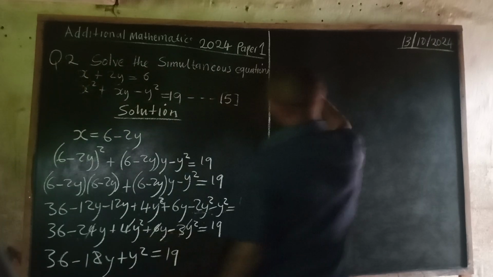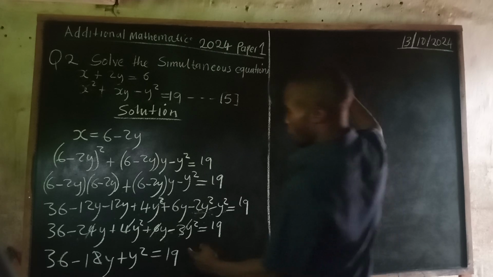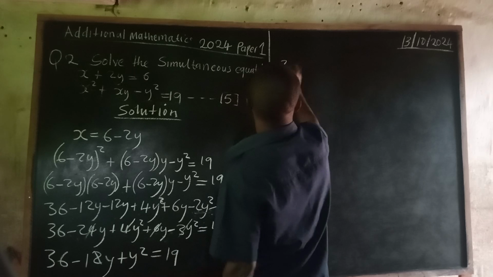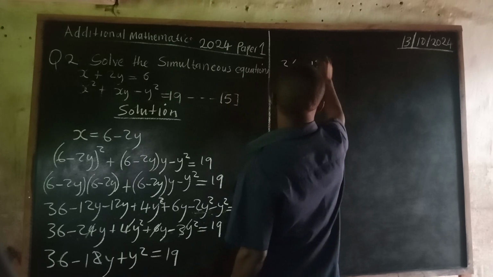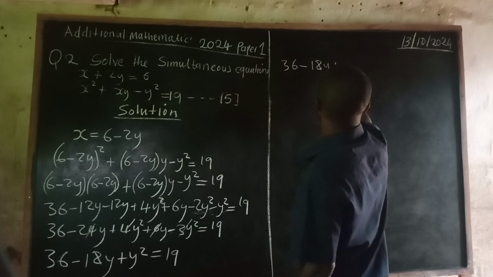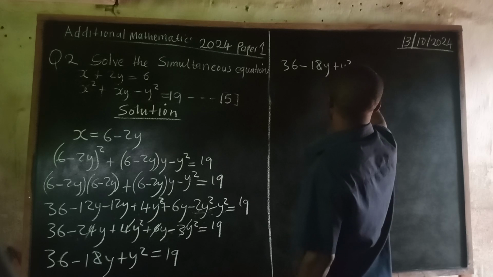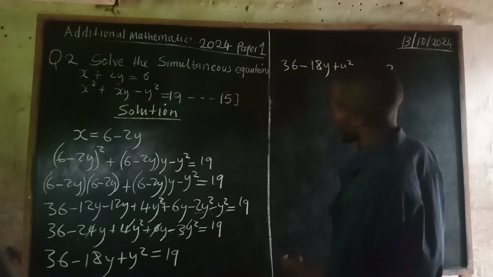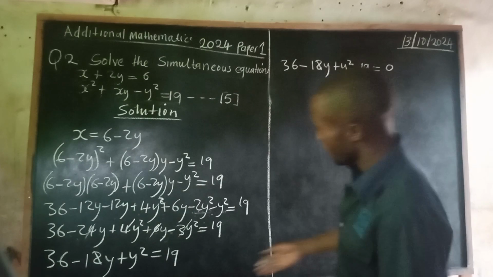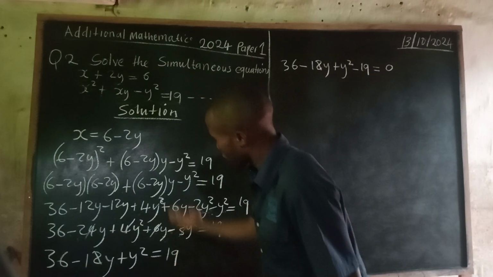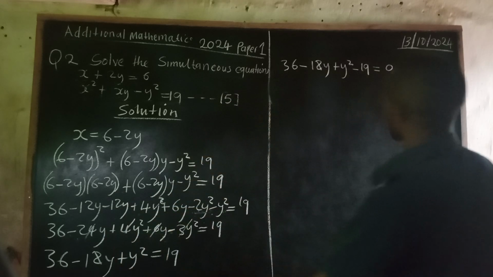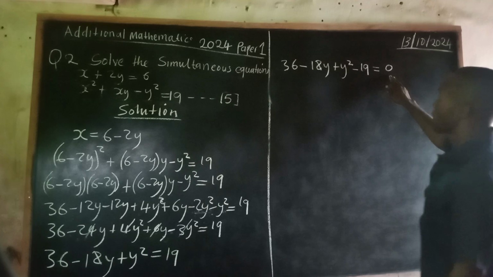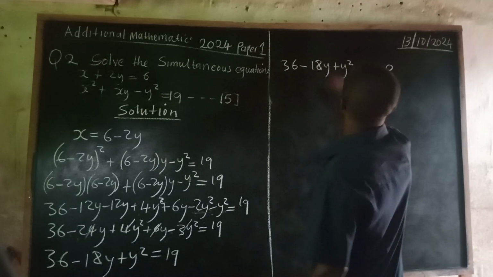Now we need to rearrange this. So 36 minus 18y plus y squared minus 19 equals 0. What we have just done here is take the 19 to the left hand side, and here we remain with 0. Then this can be simplified.